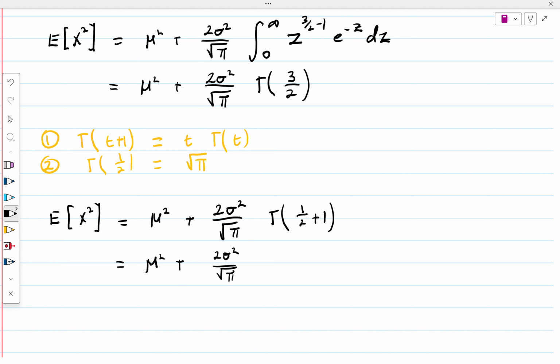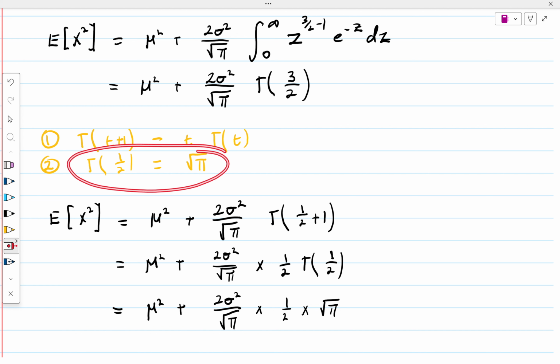Square root pi. By virtue of the first property that we discussed before, we've got a half plus 1. So t plus 1, with a t value of a half. Therefore, that must be equal to a half gamma of a half. And by virtue of the second property, times a half times square root pi.